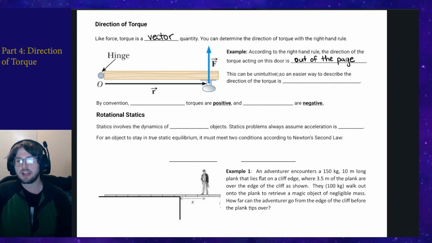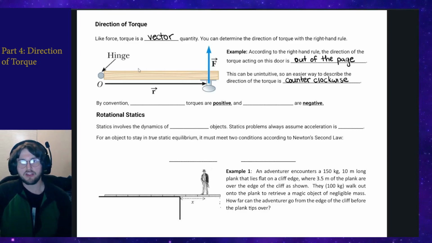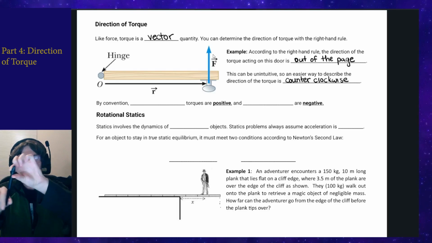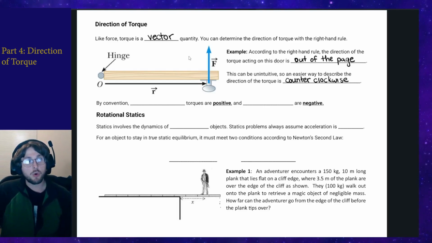A slightly easier way to describe the direction of the torque can sometimes be to describe it as counterclockwise. By counterclockwise, I mean specifically in this situation, where if you imagine that a force were applied to this door, or you put your pencil on your desk and try this out, applying a force in that direction is going to cause it to rotate counterclockwise.